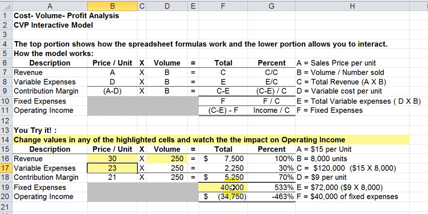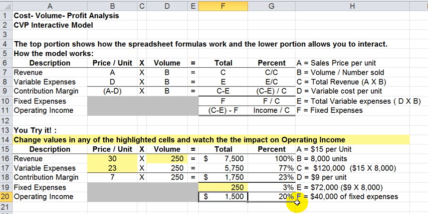And our fixed expenses for this event were estimated at $250. We can see that Mary would make approximately $1,500 or a 20% profit margin on this event given those rates.